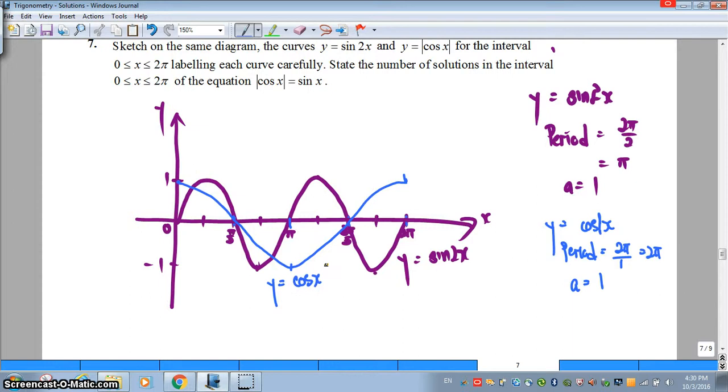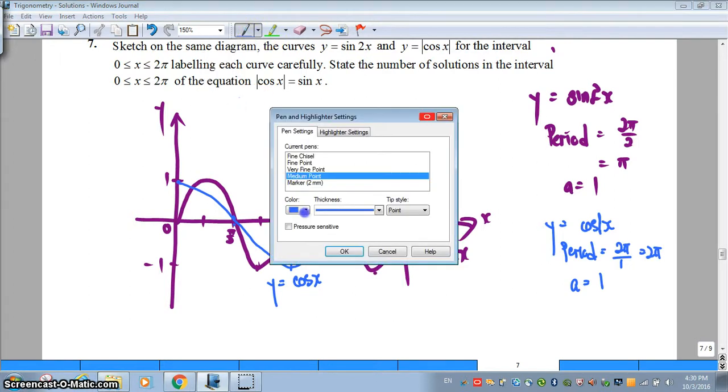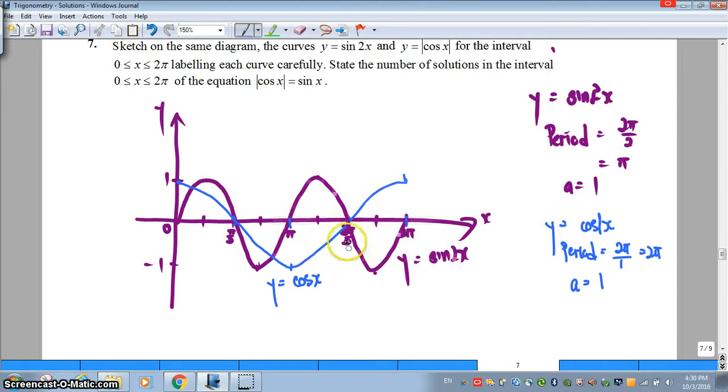But I will need to draw the modulus function. The modulus function of cosine curve, let me use another different color. In this case, when it's negative 1, when you take the absolute value of modulus, you get a positive 1.